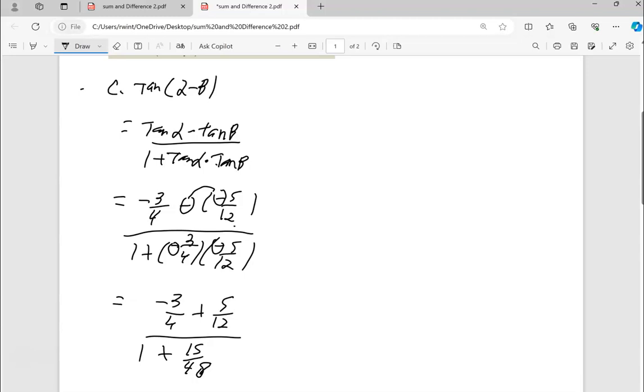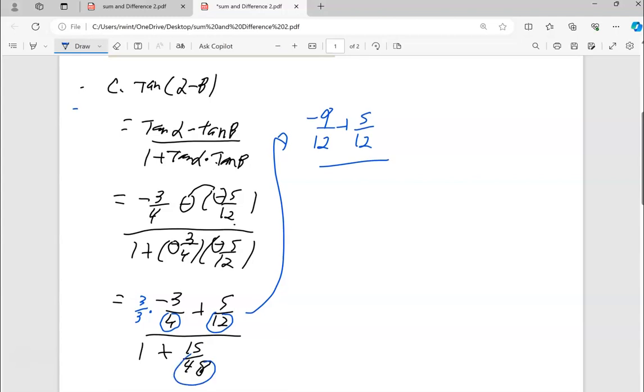On top, I'm looking at my denominators here. This denominator is 4. This one is not 4. So I'm going to multiply this by a fancy 1, 3 over 3. So what does that do for me? Well, it's going to give me negative 9/12 plus 5/12. It's going to give me a common denominator, is what it's going to do.